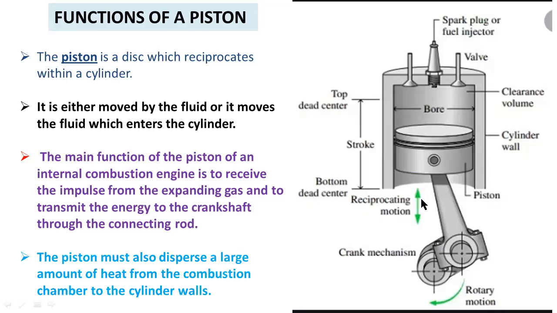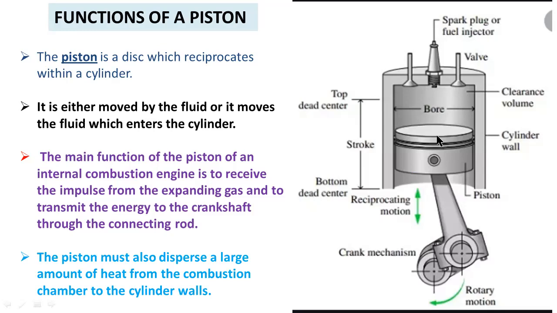The piston must also disperse a large amount of heat from the combustion chamber to the cylinder walls. This means combustion takes place here, so a large amount of heat is produced in the cylinder. We need to cool the cylinder, so we need to transfer this heat to the outside surroundings.